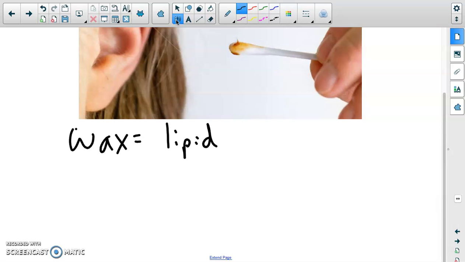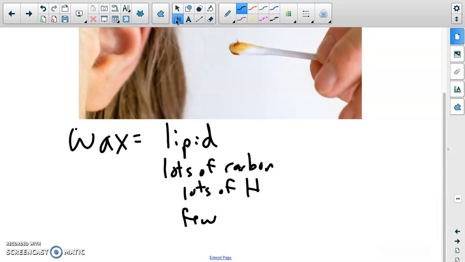And by being a lipid, many of you guys who have had me in biology class, remember lipid macromolecules, know that that's made up of lots of carbon connected to lots of hydrogen with very few oxygen molecules also joined in there for the connection.